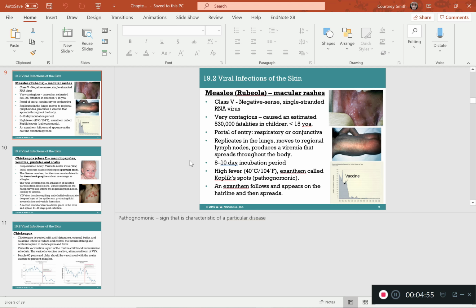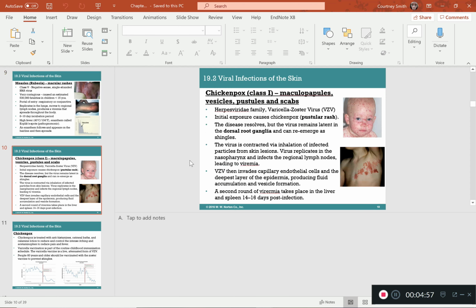Let's go ahead and do herpes, like chickenpox. Chickenpox is caused by the varicella zoster virus. With a chickenpox exposure or even a herpes shingles outbreak, you'll get that macular rash and then sometimes even pustular, depending on how severe it is.